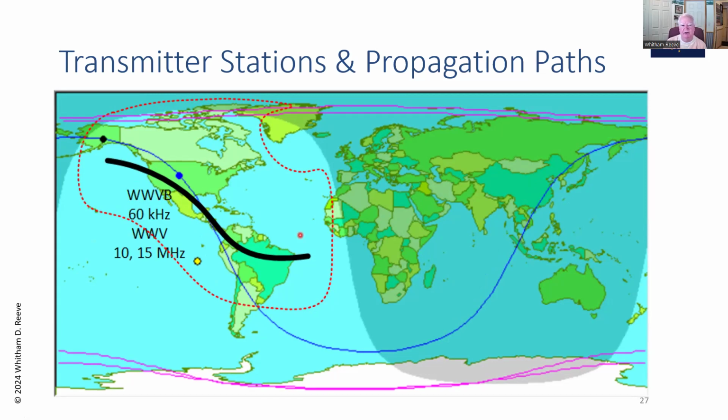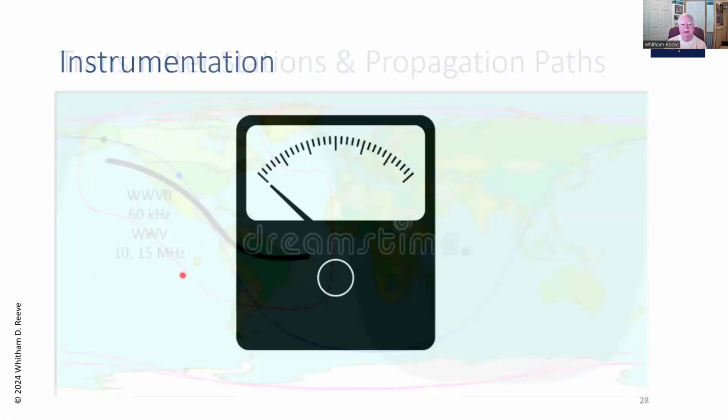It's in Colorado, shown by the blue dot here. The short path between the two stations roughly parallels the eclipse path, and then the long path crosses it about midway. Now I have marked on here 10 and 15 megahertz. I was also monitoring WWV on those frequencies, but I'm not talking about those here.